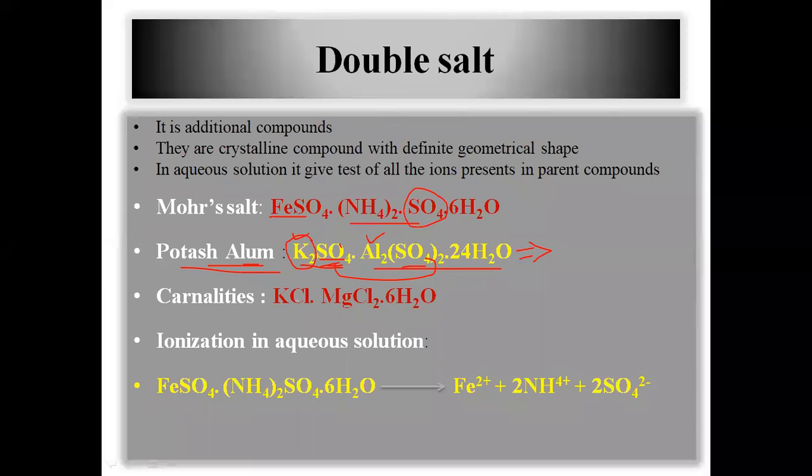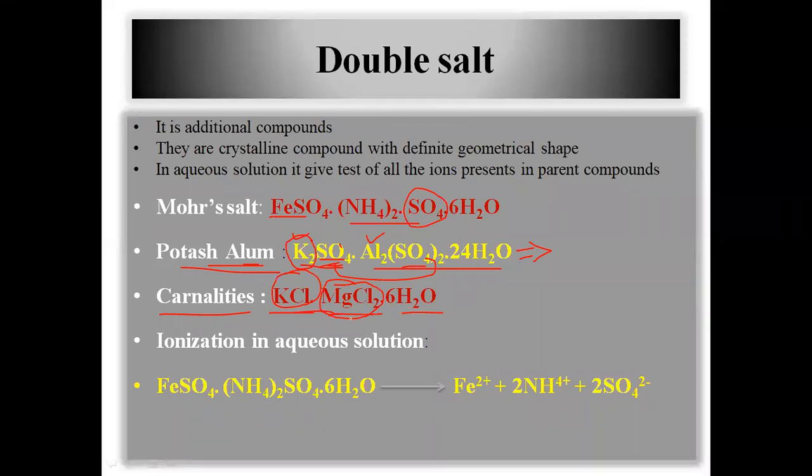Similarly, one other example of a double salt is carnallite. It contains potassium chloride and magnesium chloride in the hydrate form. One salt is KCl and the second is MgCl2. These two salts combine to give the double salt.